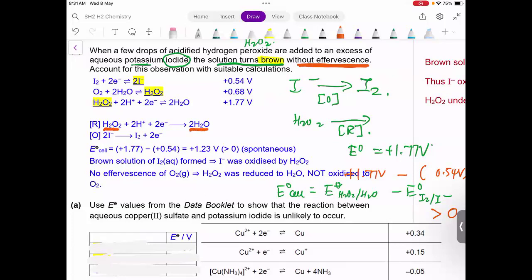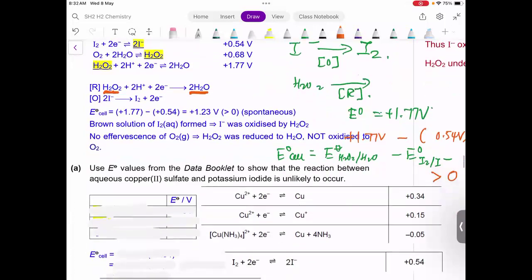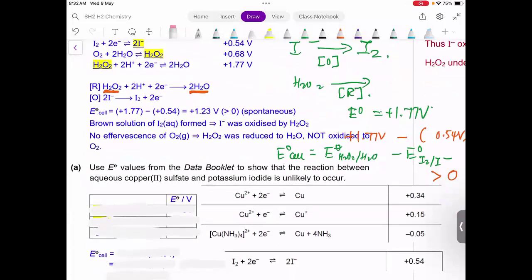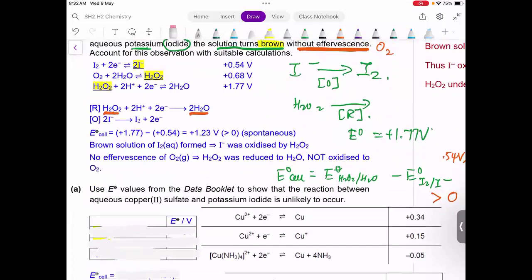If hydrogen peroxide undergoes oxidation, that gives O2, but that is not observed. I hope you know what effervescence refers to.